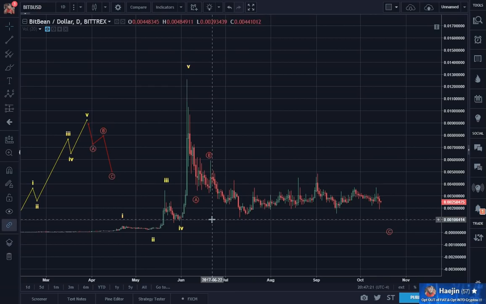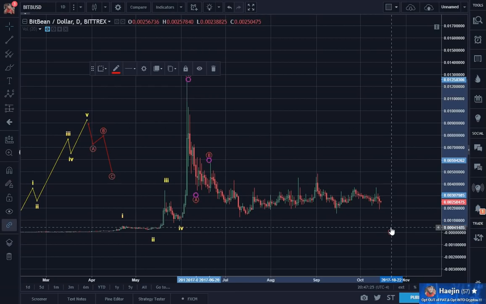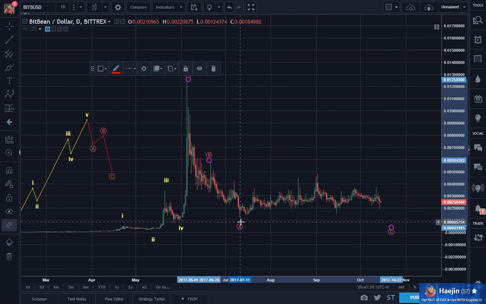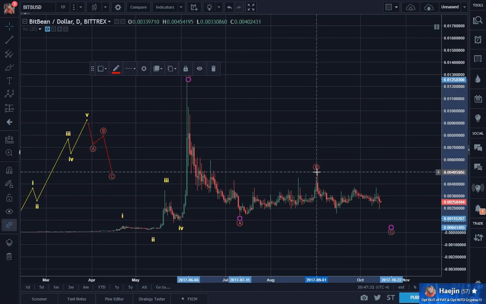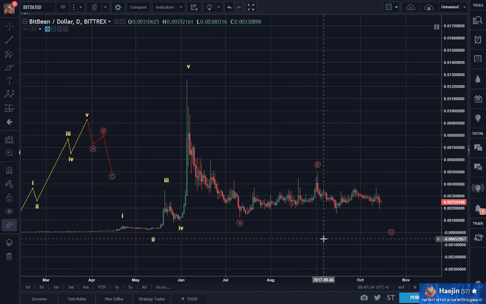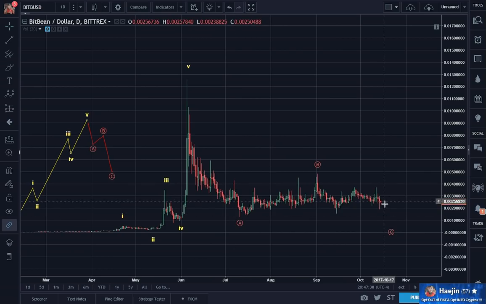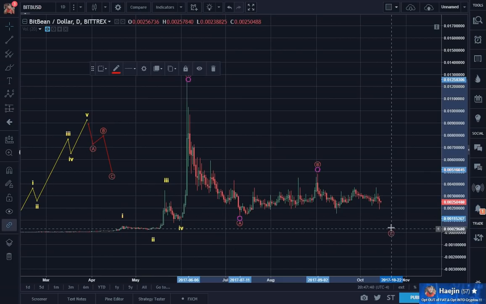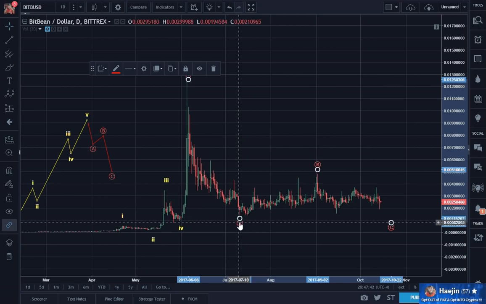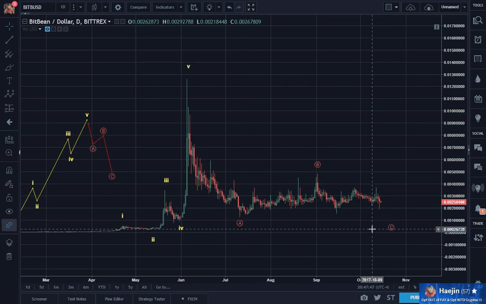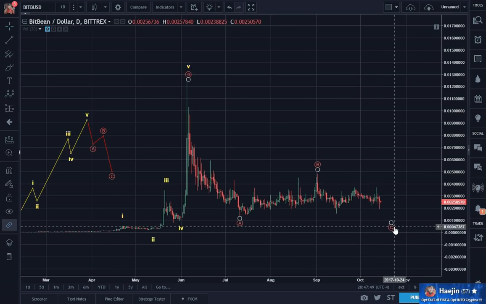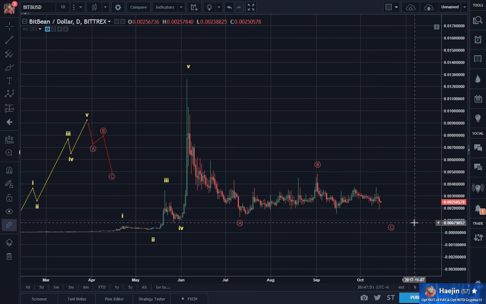Like so. So I think this is the A. This is the B. Okay? So it's really A, B. It's got a little more to go. Anywhere I'd say below A would be the finish point for the correction for ABC.